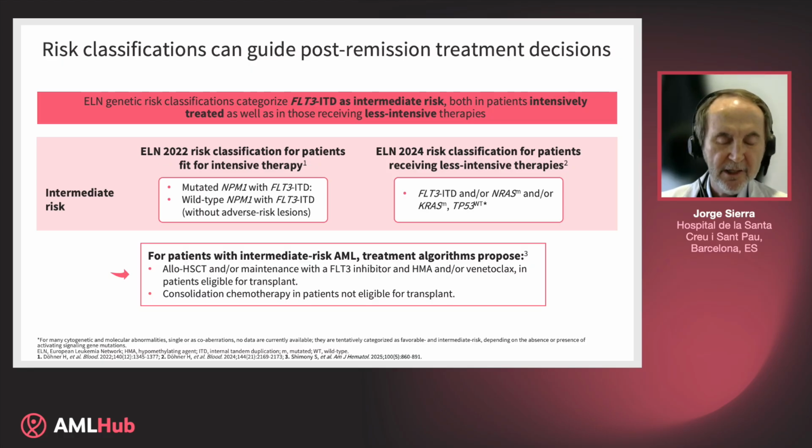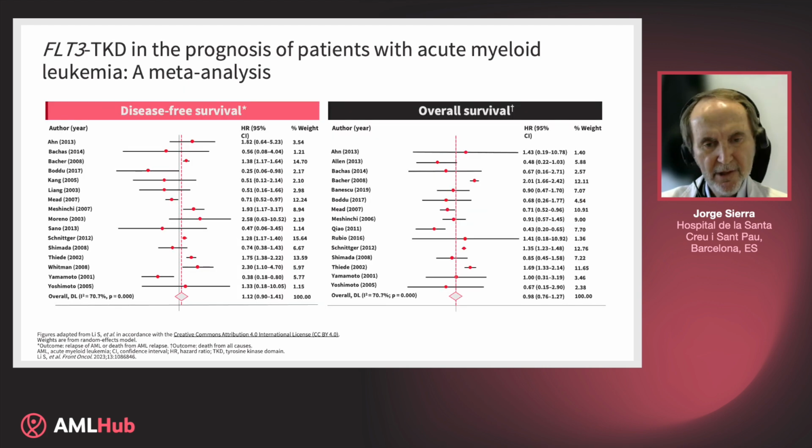In patients not candidates, consolidation chemotherapy has to be given. Regarding the prognostic impact of TKD, a recent meta-analysis has shown that these mutations do not affect the overall prognosis of AML patients.